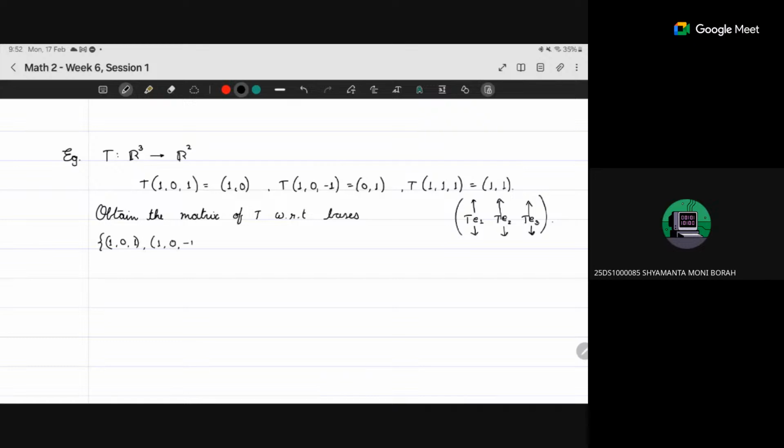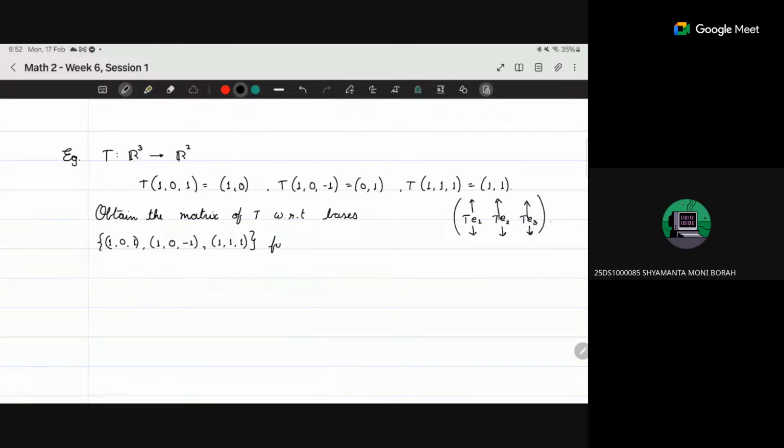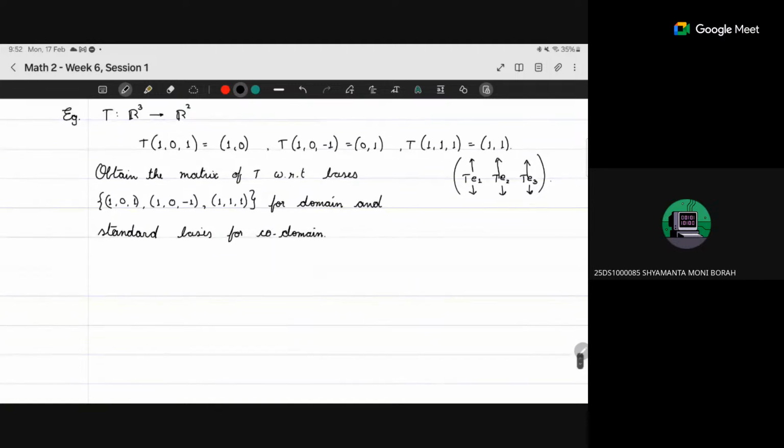I'll just use this basis for the domain and the standard basis for the codomain. Yeah, so stay with me.